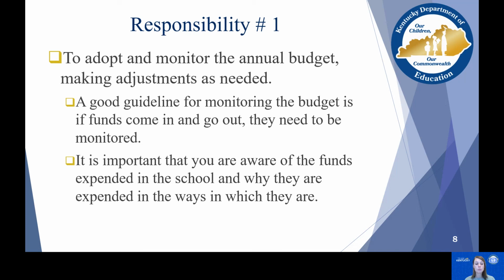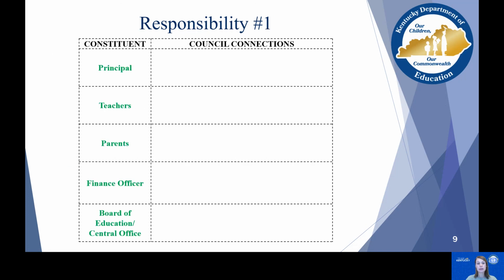You will be reading a role or a task in the budget process, and then you're going to decide who you think is responsible in assisting in that role. You will decide if you think that the principal is responsible, teachers, parents, finance officer, or the Board of Education or central office.